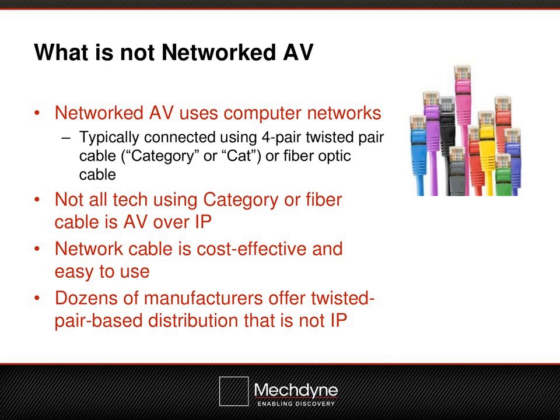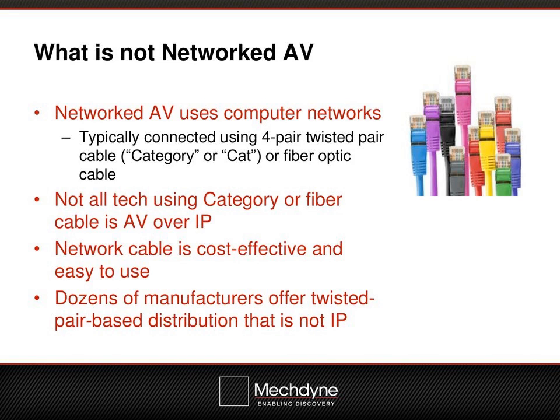Now, the challenge here is that there's a lot of AV tech that also uses the same type of cable structure. So it might use a Cat5 or a Cat6 cable or fiber optics, but it's not necessarily networked AV. This is because the network cable is very cost effective and easy to use, and they are very familiar to people, and it's easy to terminate.